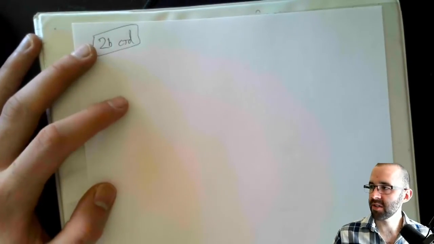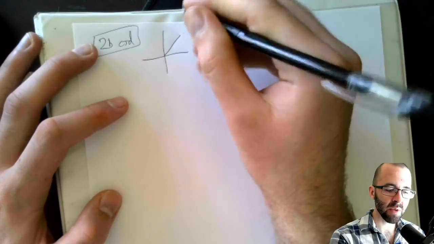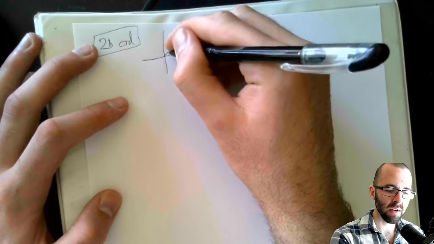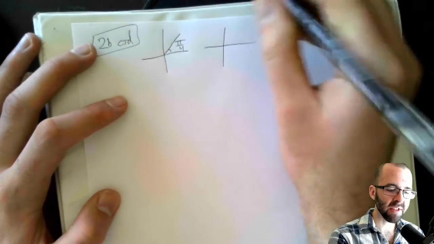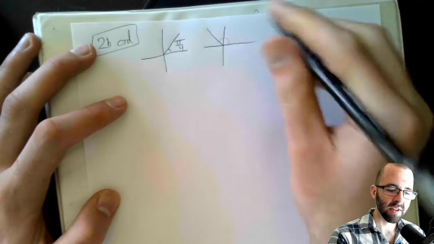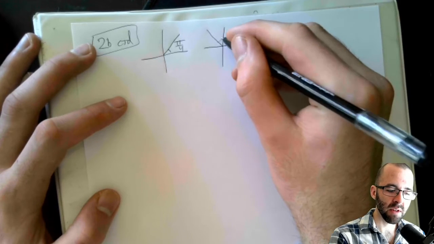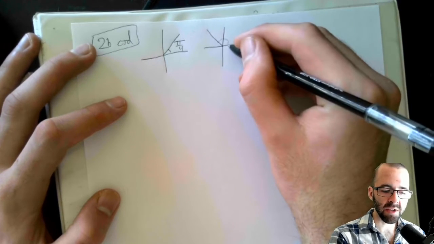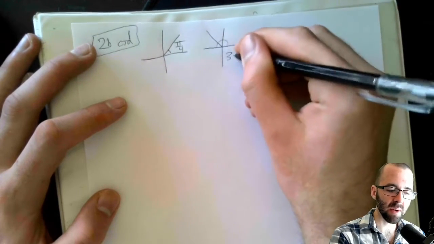All right, so drawing a picture is usually a good idea. Pi over 4 reference angle in the first quadrant? Well, that's just pi over 4. Pi over 4 in the second quadrant looks like this. That's 3 pi over 4. You can think of it as pi over 2 plus another pi over 4, or as pi minus pi over 4. A lot of ways to get to it.